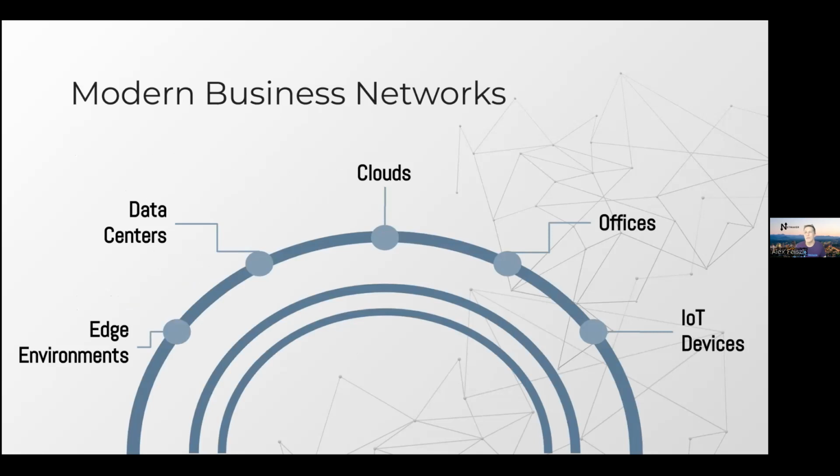So you often have different office locations and sites. You'll have IoT devices, edge environments, multiple clouds, data centers, and each one of these tends to live in a distinct network. Coordinating across these different networks can be a very large headache.